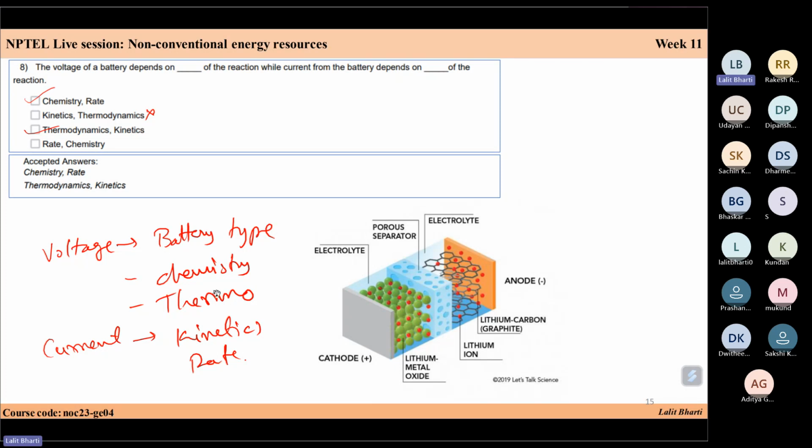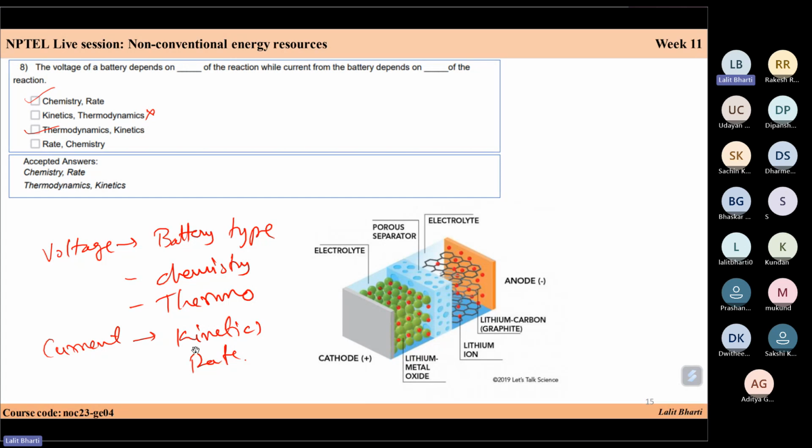So these parameters are majorly giving you the voltage, but your current is based on which rate you are using and what the kinetics is. Kinetics is basically the rate of the reaction. So what is the kinetics and what is the rate? It will give you the current rate.